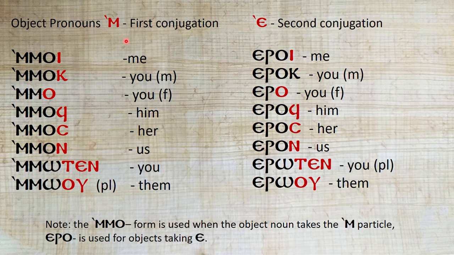Let's take an easy example. If you want to say, do you know me? You say in Coptic, ek-saun emmoy, do you know me? We cannot say ek-saun eroy. In English it's me, that's why you say it. The translation in English is both me as emmoy and me as eroy.